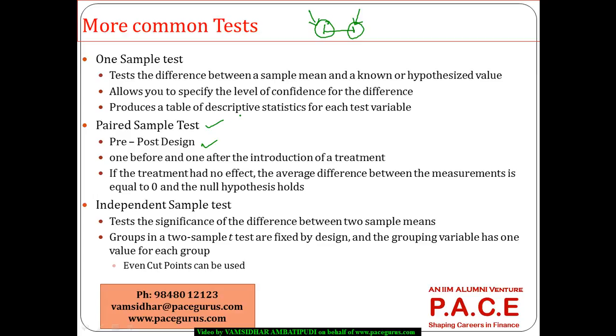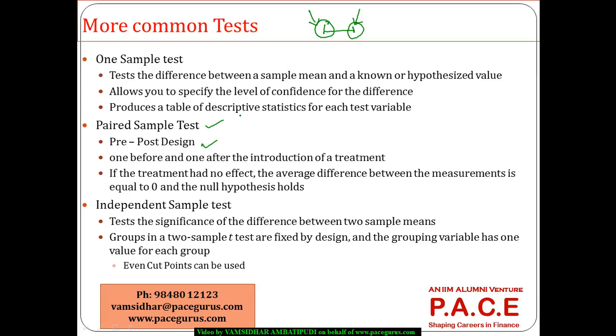Generally for pre-post, like before visiting a weight loss institute, I will check my weight, and after receiving the treatment from the weight loss institute, I will check my weight again. I want to see whether there is any significant drop in the weight after the treatment or medication.